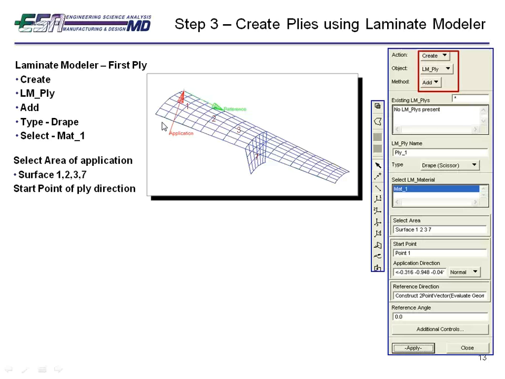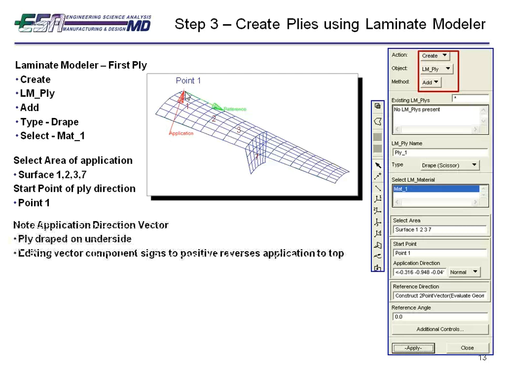So the next step is to define the start point of ply direction. We're going to choose point 1 here. And note the application vector. The ply is going to be applied on the underside.